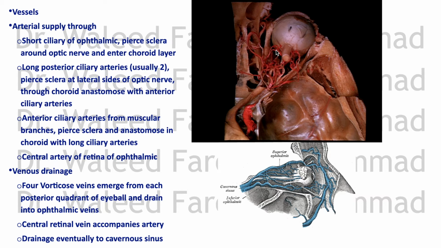So the eye has a rich blood supply, actually. Okay, the venous drainage is from each posterior quadrant of the eye, by 4 veins called vorticose veins, which drain the eye and eventually drain into the superior ophthalmic vein and then to the cavernous sinus, of course.